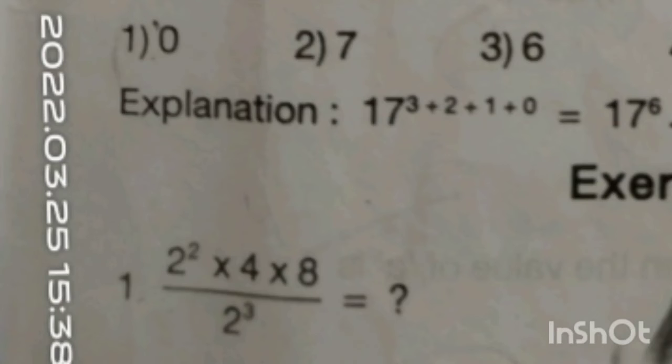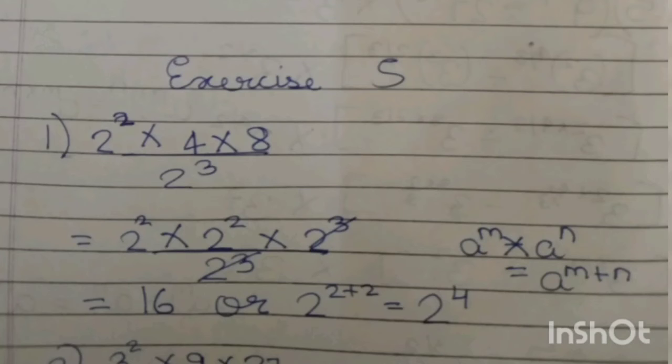Starting with exercise 5, 2 to the power 2 multiplied by 4 multiplied by 8 divided by 2 to the power 3. Okay, so here again in some numbers the bases are different, so you have to make them the same. We know 4 is equal to 2 to the power 2 and 8 is equal to 2 to the power 3.